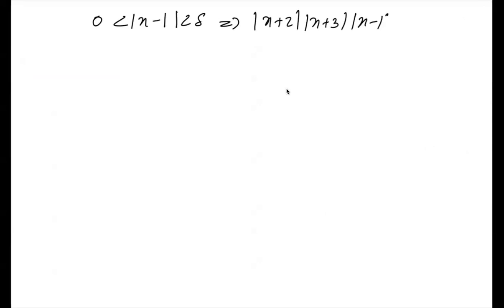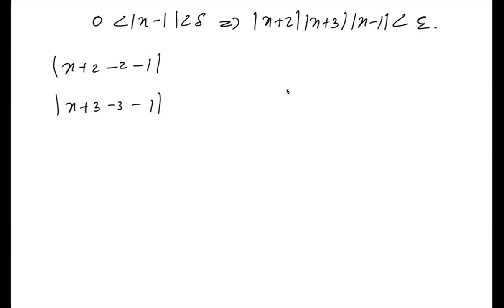Let's say you have to solve something like this: the absolute value of x minus 1 less than delta. You have to find some delta, and this side is something like x plus 2 times x plus 3, and x minus 1 less than delta. Then for x plus 2, what we have to do is write x plus 2 minus 1, and for x plus 3 we also have to get minus 1.